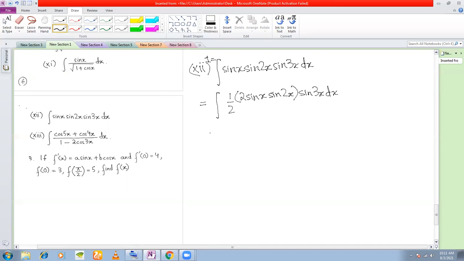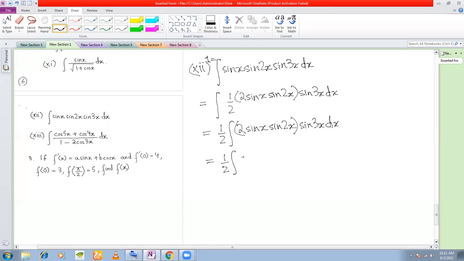dx. Now you can take half out, 2 sine x sine 2x into sine 3x dx. Now change the product to a sum. 2 sine a sine b is cos a minus b minus cos a plus b, right?